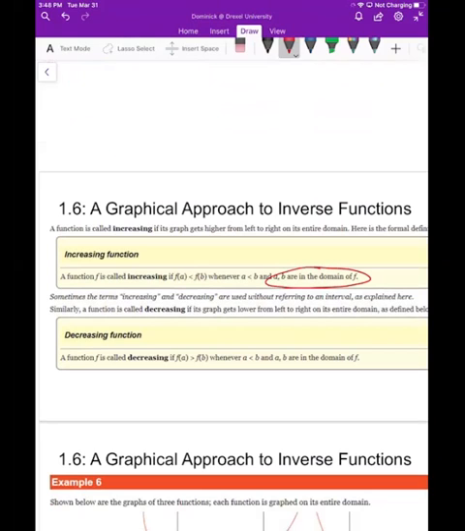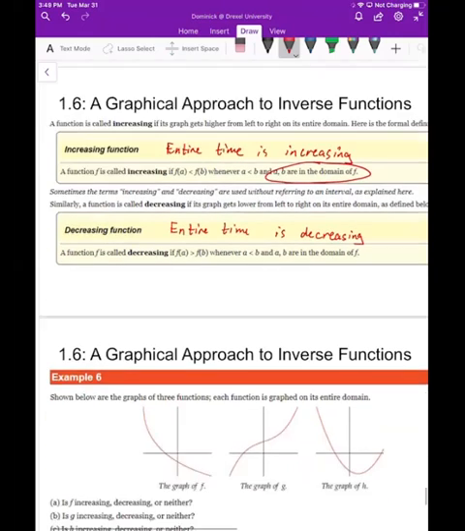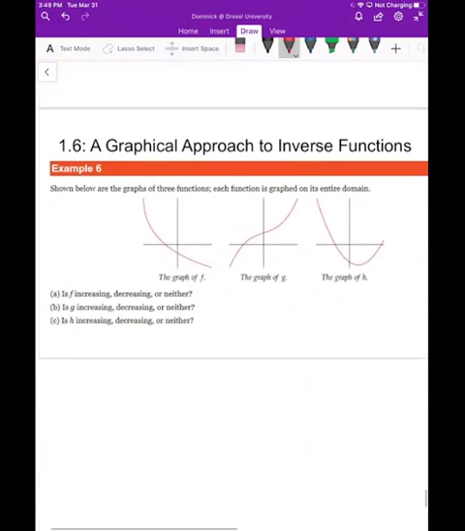If A and B are in the domain, this is the entire time increasing, and of course, the entire time decreasing for a decreasing function. So, for example, the graph of f is a decreasing function because it's decreasing the entire time.